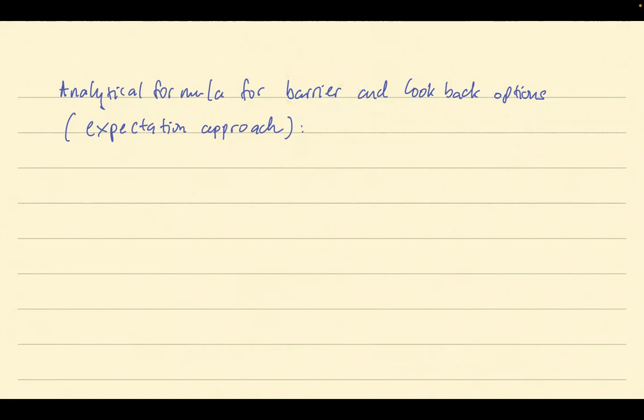So in both options, we need to look at the event, something like this.